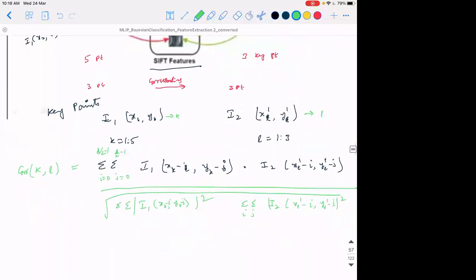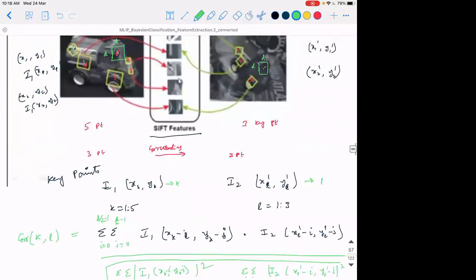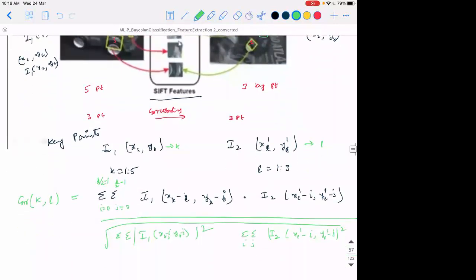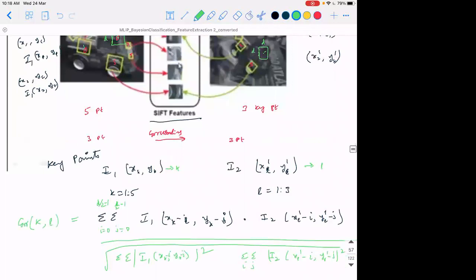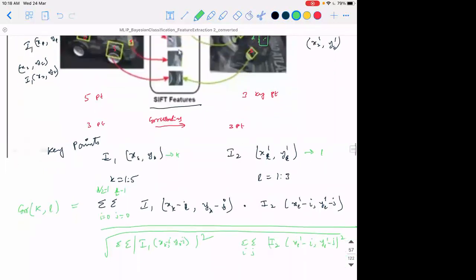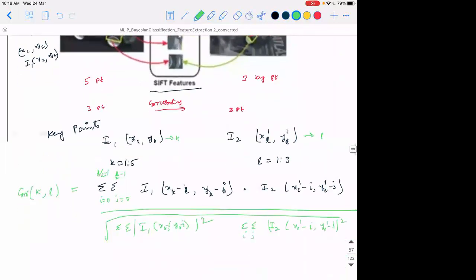This is one way of doing it, but are there any other ways to establish the correspondence other than this correlation? Maybe we can change the way we treat the loss. If not correlation, maybe squared loss. Yes, we can find the sum of squared differences, SSD, for k comma l.